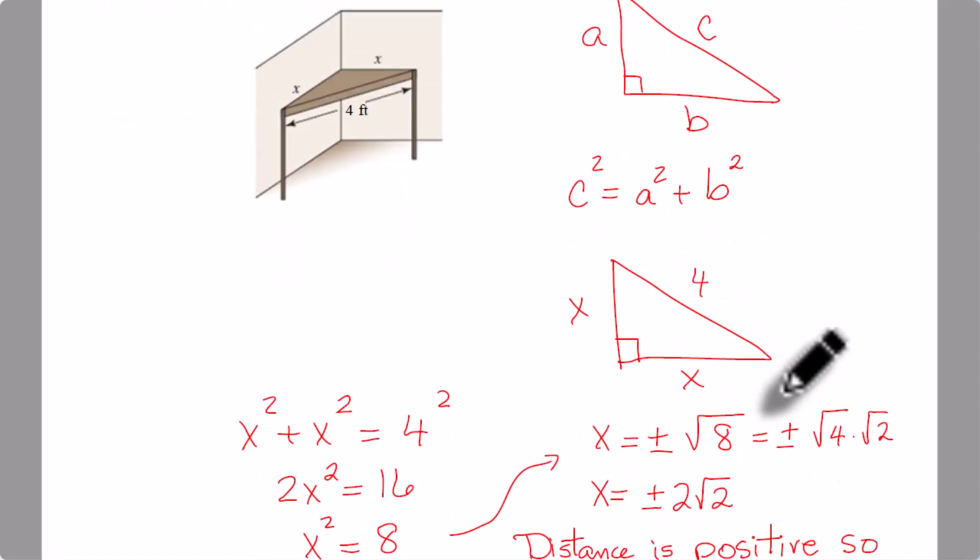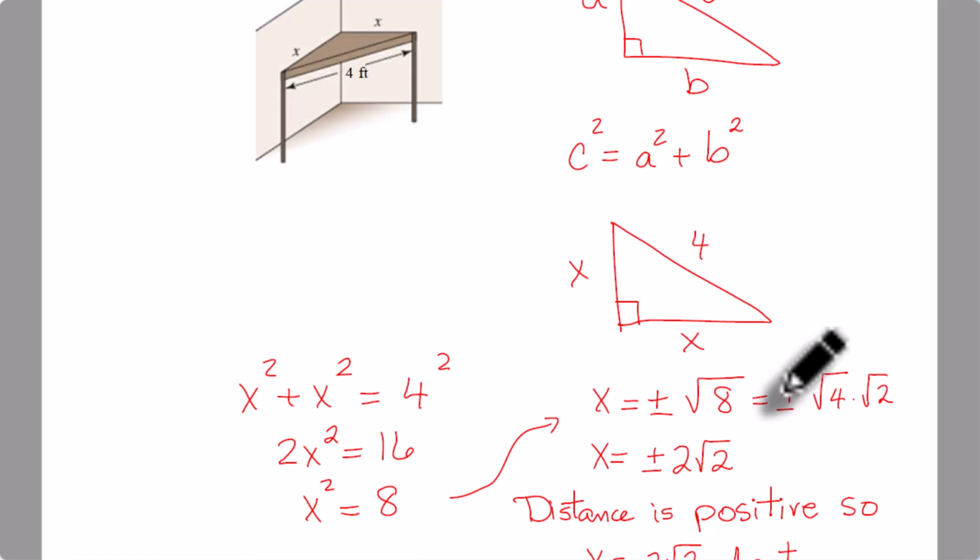All right, so that says in our case, x squared plus x squared is 4 squared. Okay, that's easy enough. Well, 1x squared plus 1x squared is 2x squared. And if I clean that up and divide by 2, I get x squared equals 8.